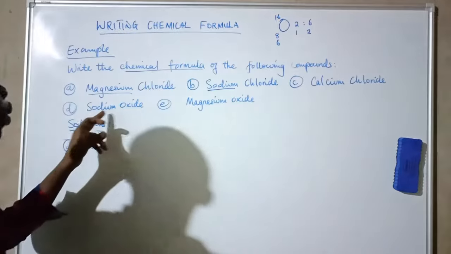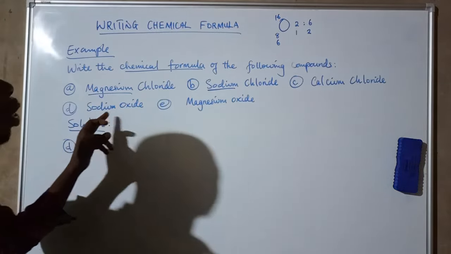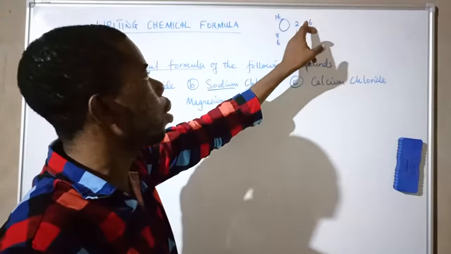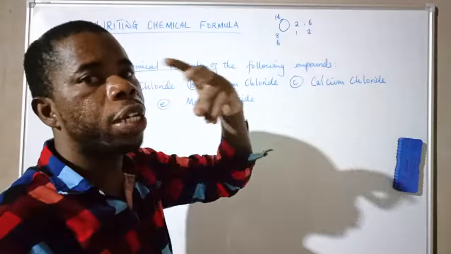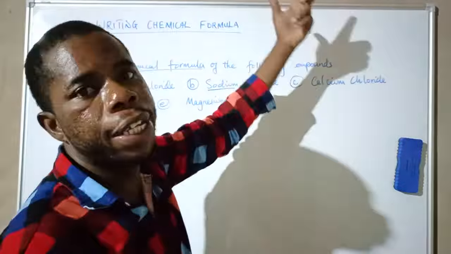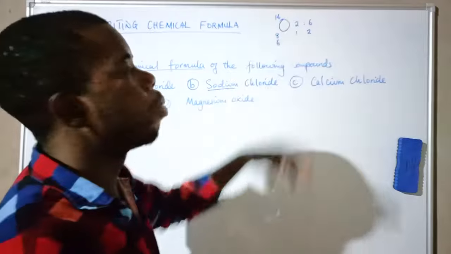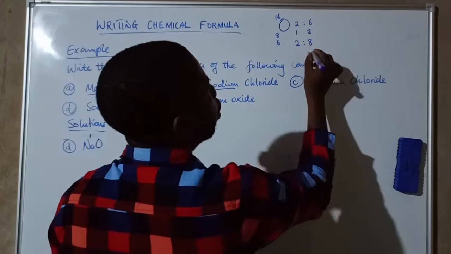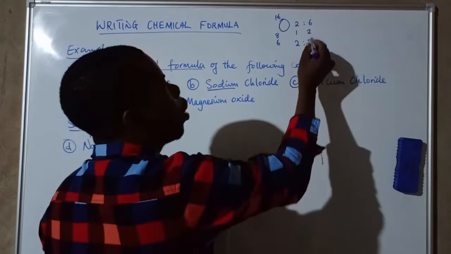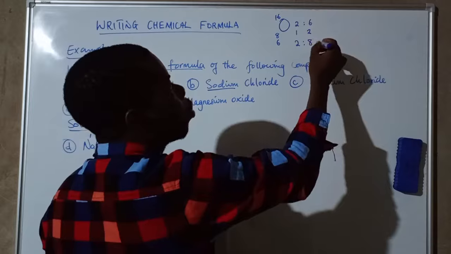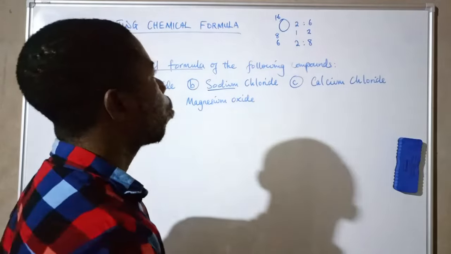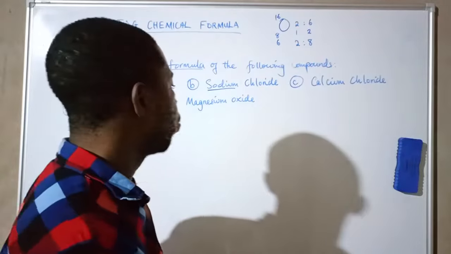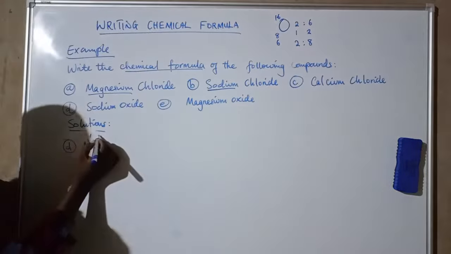So when oxygen reacts with the sodium, it will need 2 more for this one to become stable because oxygen is a nonmetal. So it has to gain 2 more electrons to make this 6 into 8 so that it now becomes stable. So it will be like 2 and 8, so that this last shell, instead of it being 6, it will become now 8. So meaning since it has gained 2, oxygen atom has a valence of 2. So you put a 2 here.